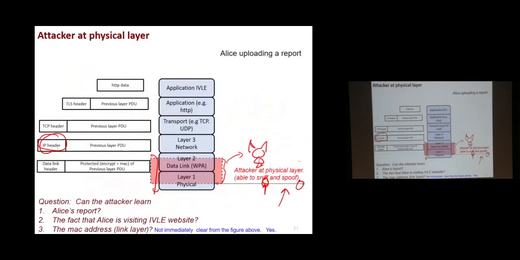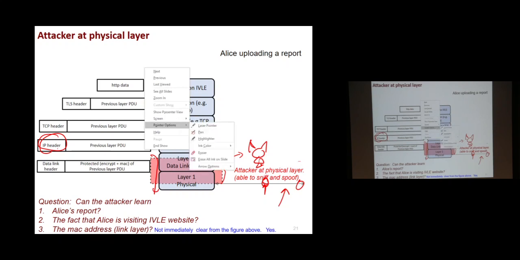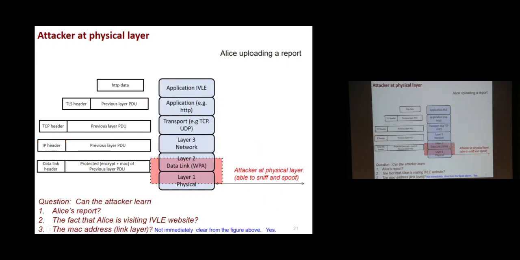Just now I also forgot to mention something about this layering. When we use the words man in the middle, sometimes it's very confusing. We say there is a man in the middle, that means he can get all information, and then we say, oh, you have protection, now the man in the middle gets nothing. So will the man in the middle get the information or not?